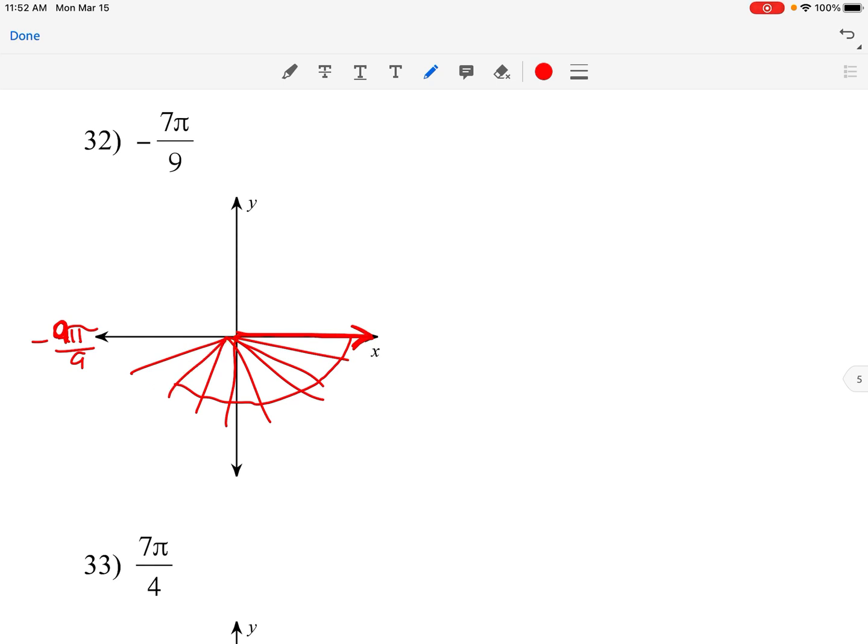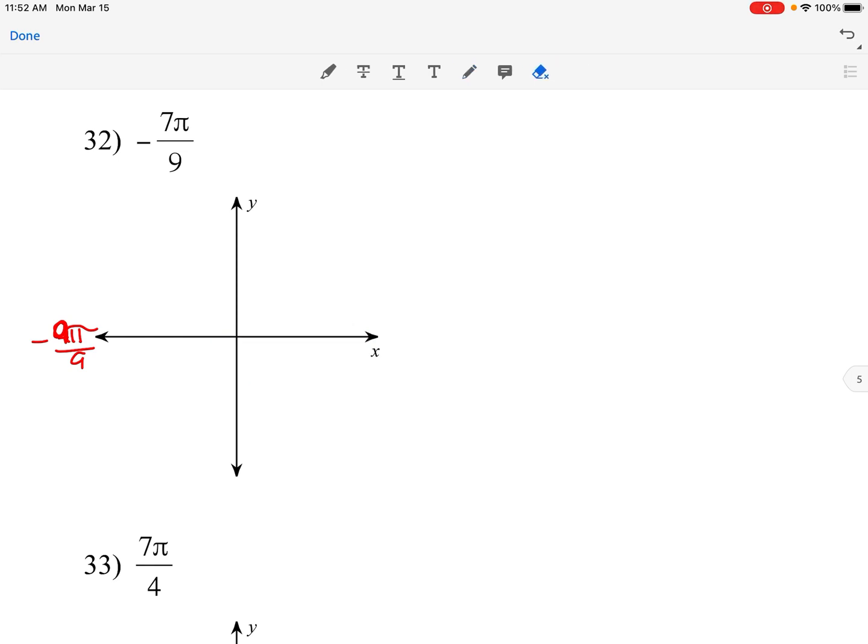So you break up your whole into whatever the denominator tells you to do. I'm going to start this over. So we start here, and then imagine this broken up into 9 pieces on the bottom, and I need to go 7/9 of the way over. That would get me most of the way, but not quite all of the way. And I started here, and I went this way, because it was a negative angle.